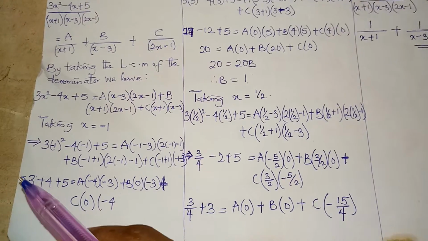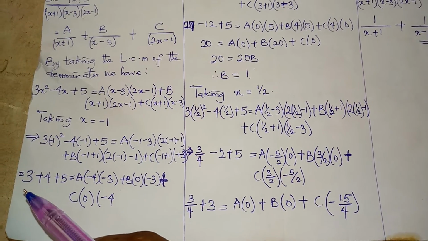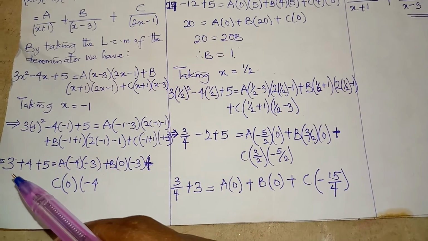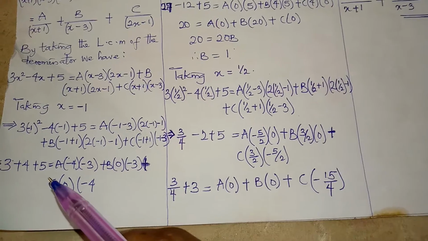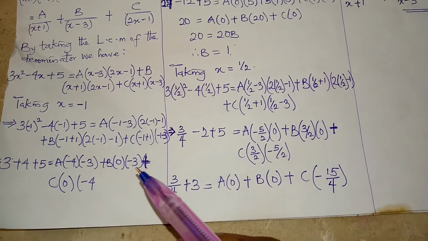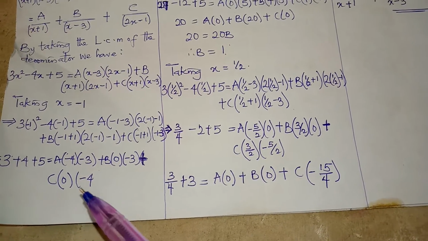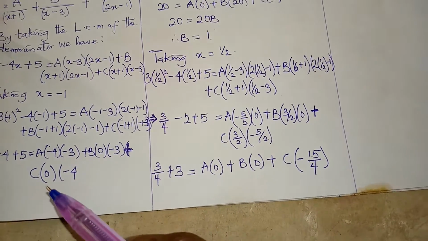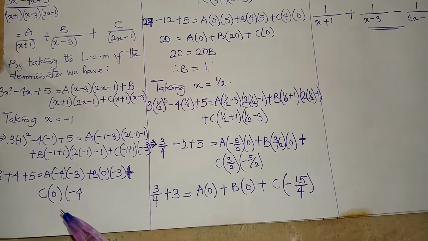So minus 1 squared gives us 1. 1 plus 3 gives us 4. 4 plus 1 times 3 gives us 3. 3 plus 4 plus 5 equals A into bracket minus 4 minus 3, plus B into bracket 0 minus 3, plus C into bracket 0 minus 4. Since we have zeros on B and C respectively, our B and C will go.